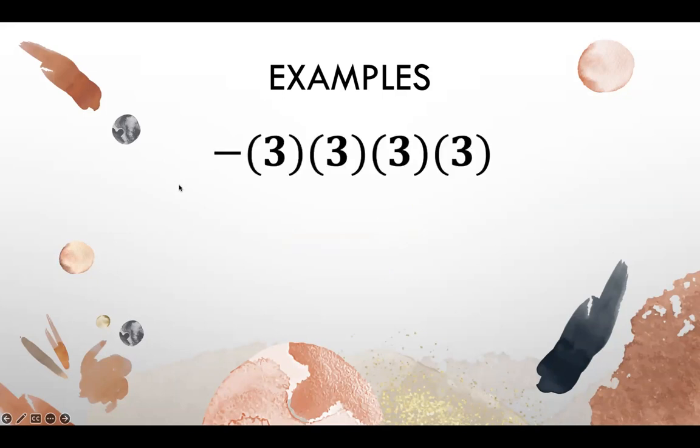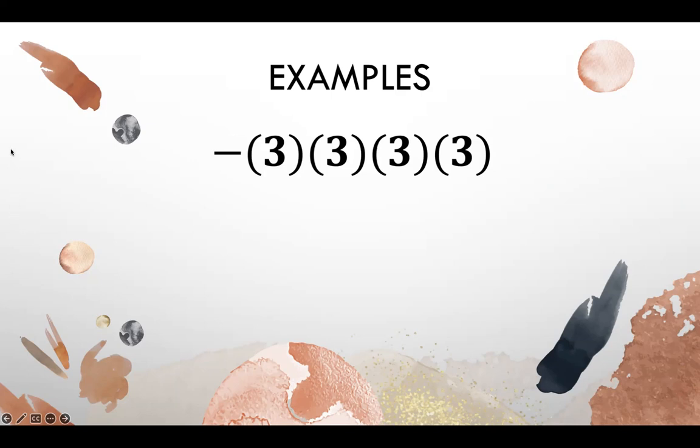Take a look at this one. Negative times the quantity of 3 times the quantity of 3 times the quantity of 3 times the quantity of 3. Which number here is being repeated? Okay, 3, right? Is negative being repeated as well?